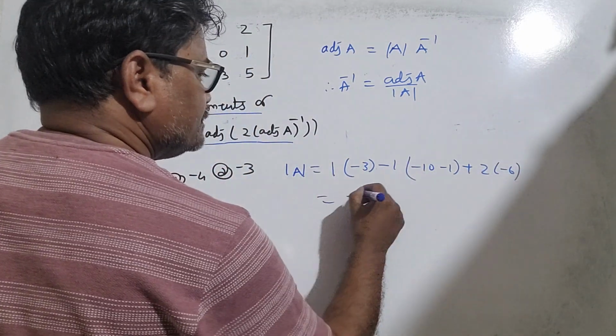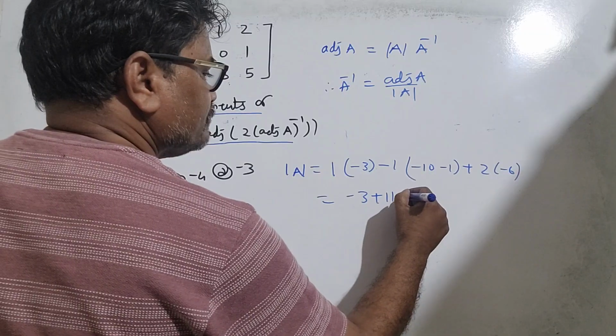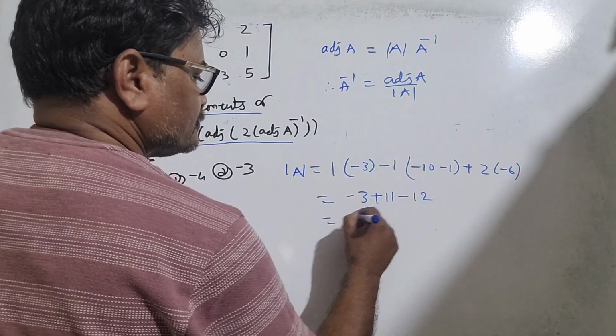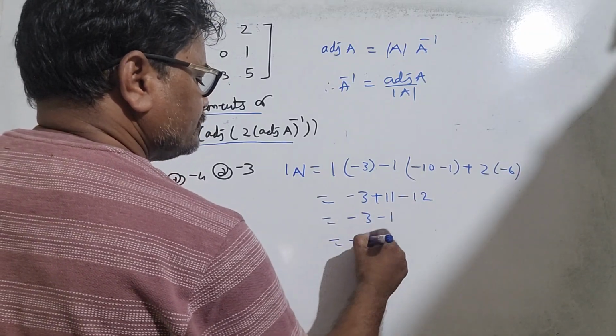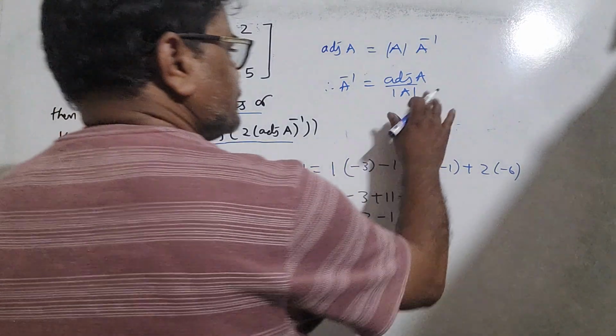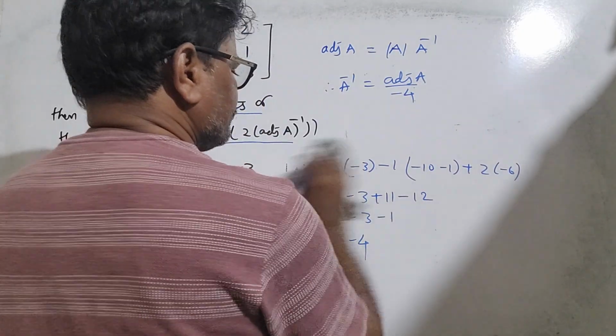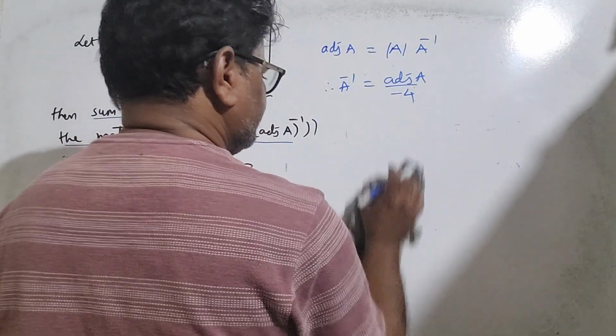So this is -3 minus plus 11 minus 12. So -3 minus 1 that is equal to -4. So determinant of A is -4, correct?